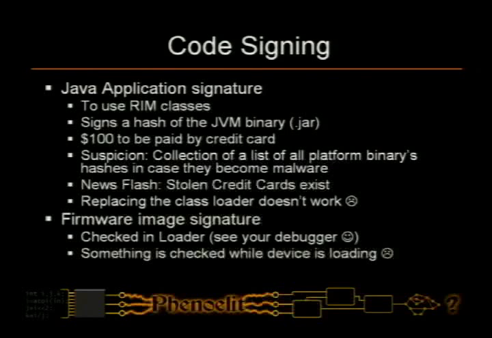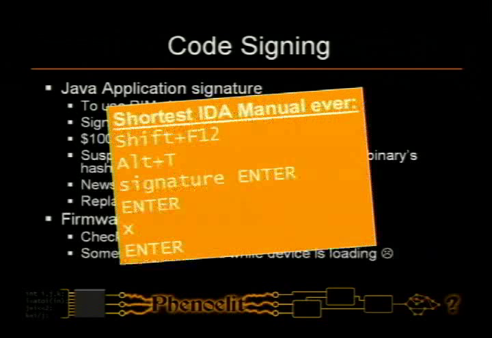We didn't find a way to get around the signature checking of the binaries. Also, the firmware is signature checked. When you load the firmware, the loader software on the PC side will verify the signature, and I'm like, okay, this is easy. So here is the shortest IDA manual ever.